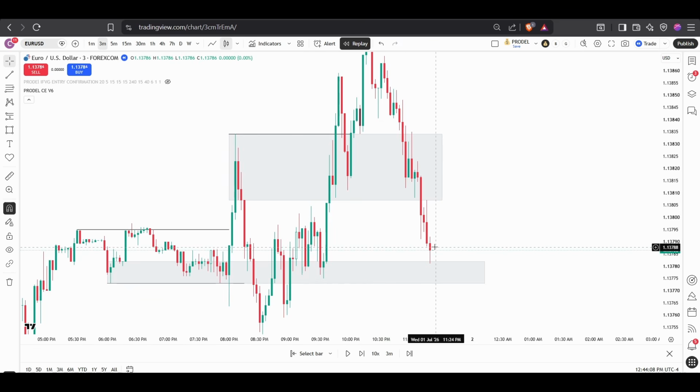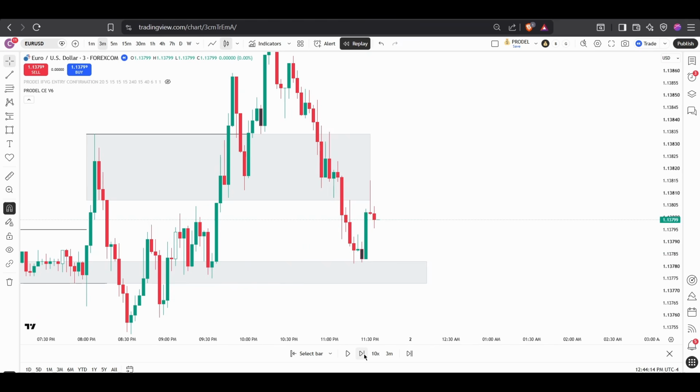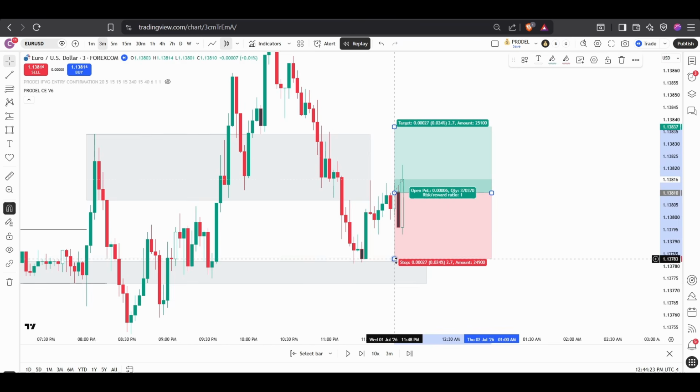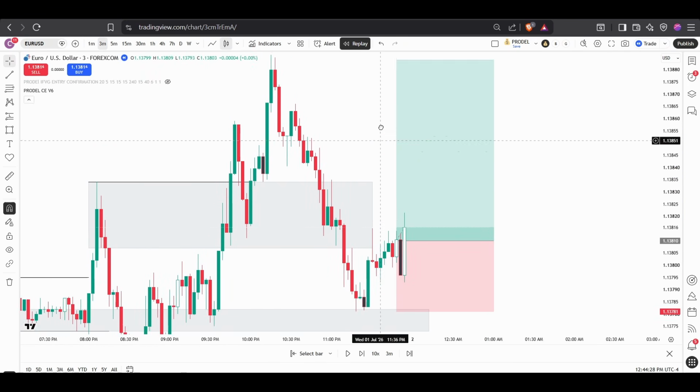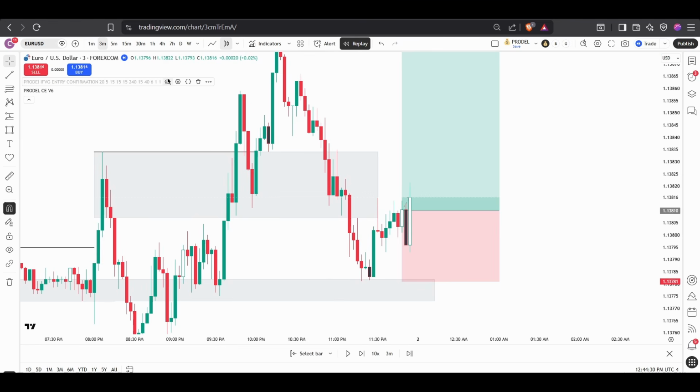Yeah, the market reached our QM level, and let's wait for the market to form the white candle. Here you can see it formed the white candle and we can just trade from this level, and SL is at this point, and this is the entry from this indicator.